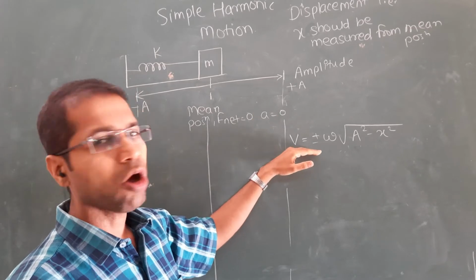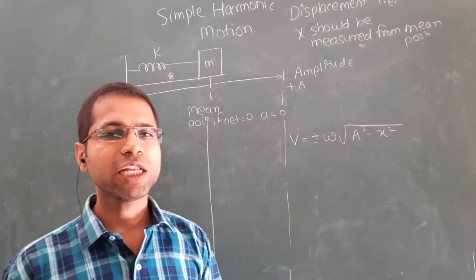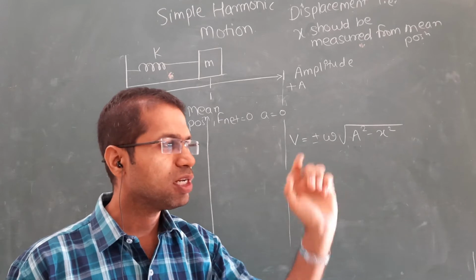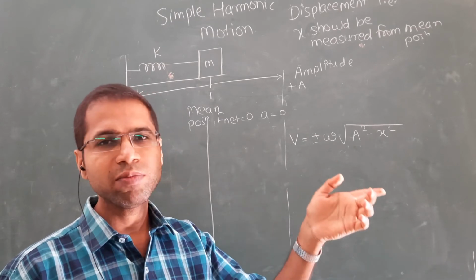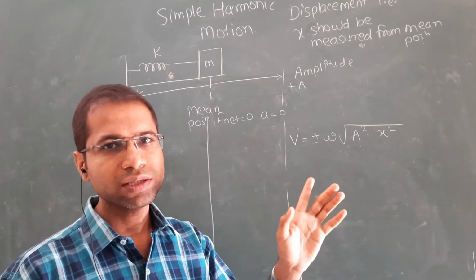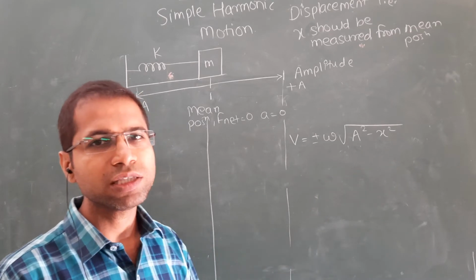So already we have discussed this in kinematics. Whatever is the direction of the displacement, that is the same as the direction of the velocity. Yes, velocity and displacement are both in the same direction.